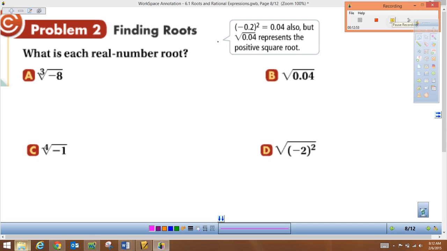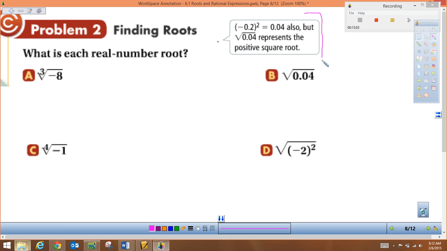From here on out, we're going to be talking about the real number roots, and we're going to be talking about the positive roots. Notice here in this box, it says, we know that the negative value squared, or to the fourth, is also the positive answer, but what we're going to be doing is representing the positive square root. Okay?